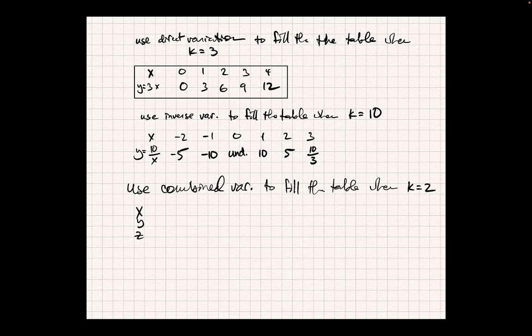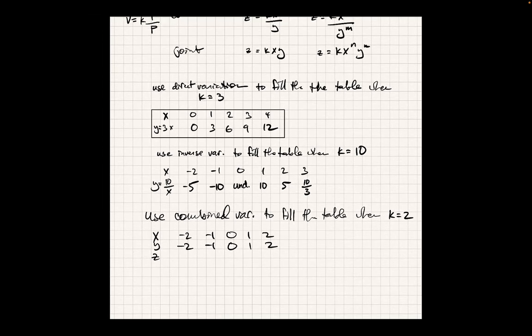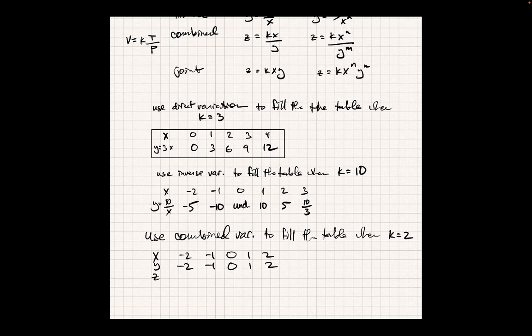Let's just do -2, -1, 0, 1, 2 for both. And what's my formula for z? z equals kx over y. I know what k is, so that's 2x over y.